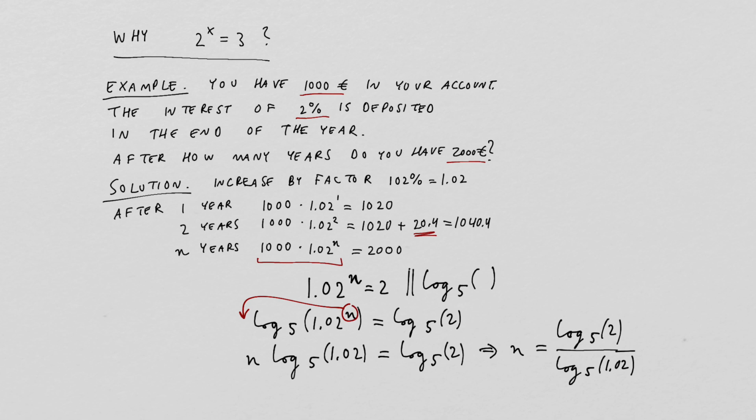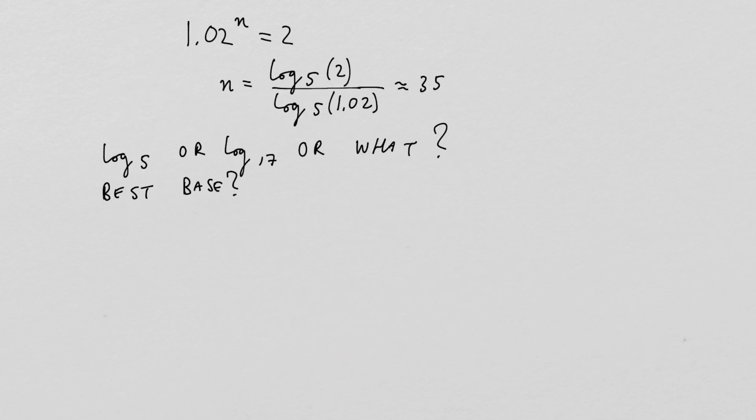You can type the answer to the calculator and you will get about 35. So after 35 years your investment has doubled. In this calculation we used the logarithm of base 5. We could have used the logarithm of base 17 and we might ask what is the best base.